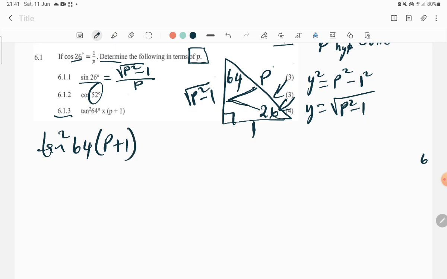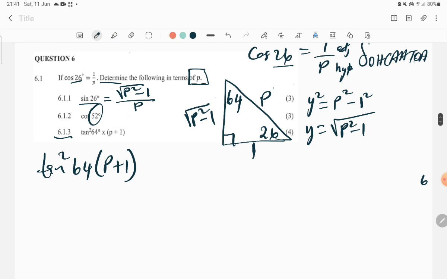Now let's go to our diagram. In our diagram, we always remember our SOHCAHTOA, that tan is always opposite over adjacent. So tan 64 is opposite side over adjacent side.